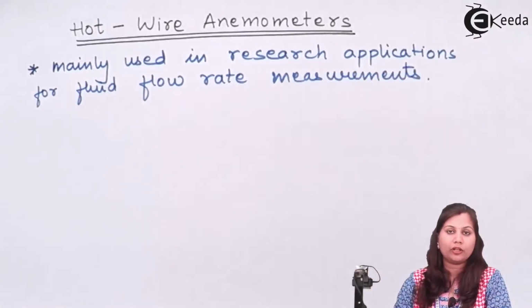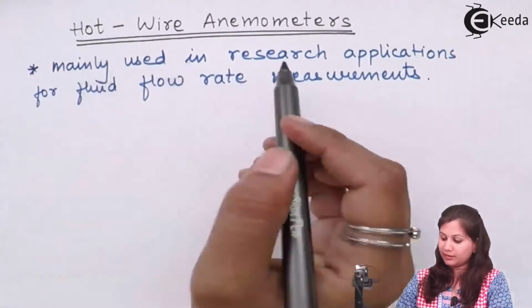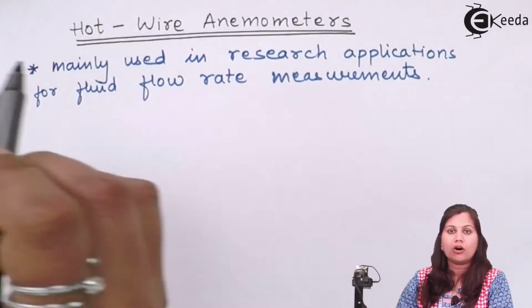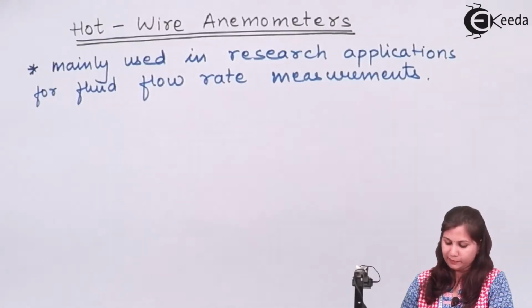To measure the velocity of the fluid or liquid which is flowing in a pipe in industries or in laboratories or in research applications, we use hot wire anemometers. Now let's see the principle on which the working of the hot wire anemometers is based.